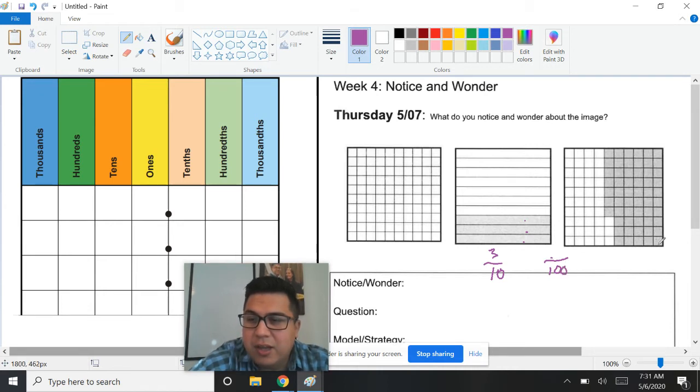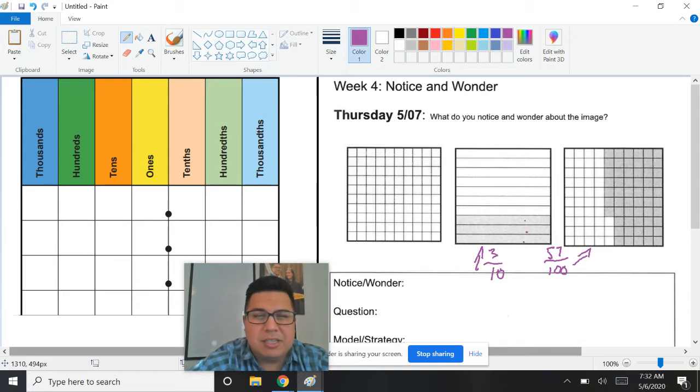And if we count the shaded, we know that each column is 10. So we have 10, 20, 30, 40, 50, 51, 52, 53, 54, 55, 56, 57. Our numerator is 57. So this one here is 57 hundredths, and this one's 3 tenths.